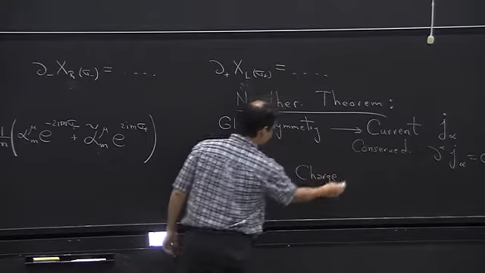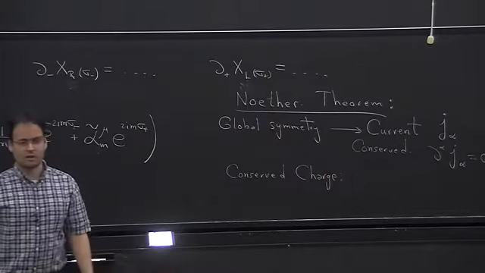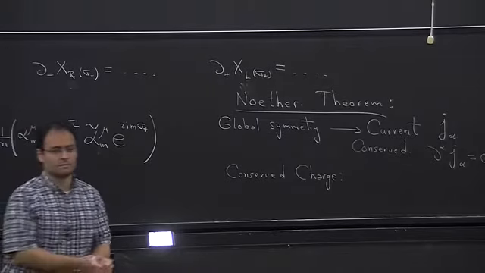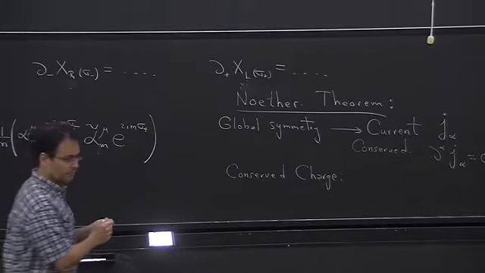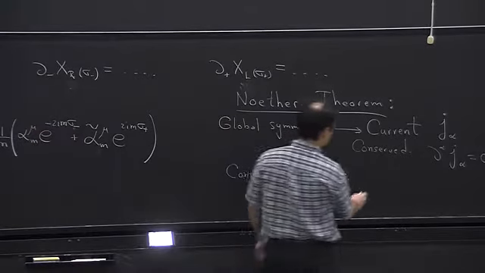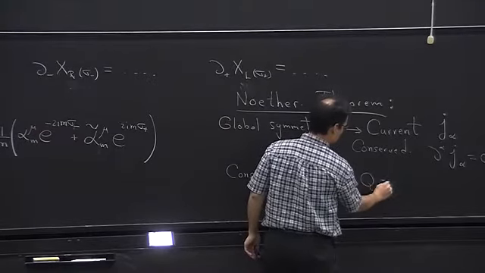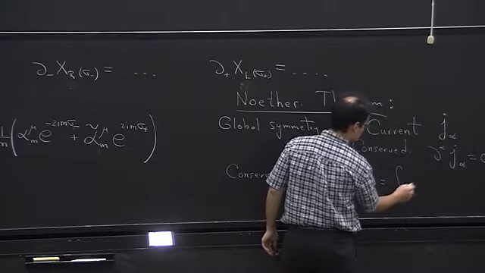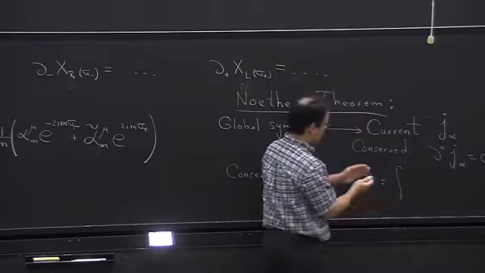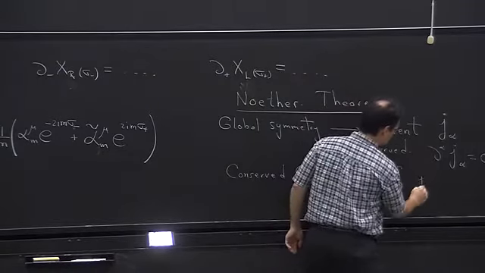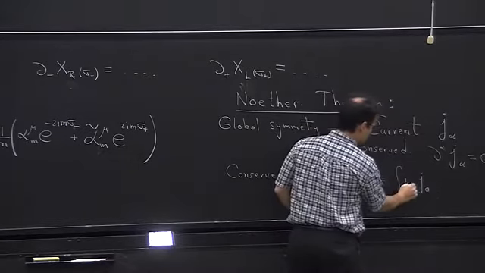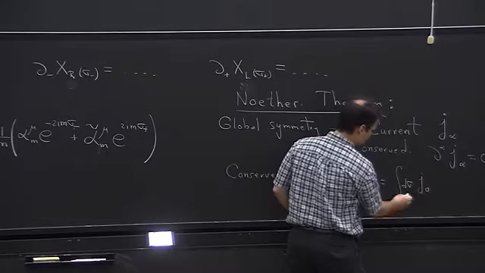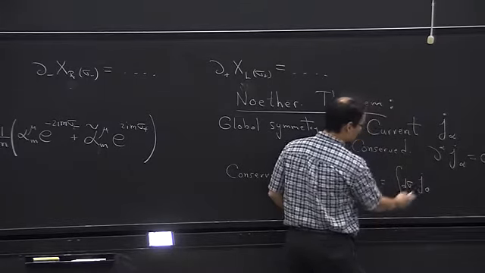And how do you do that from the current? Anyone? Can remind us? Very good. So you define the charge by integrating the zeroth component over all the space direction. In this case, we're going to get an integration over sigma.